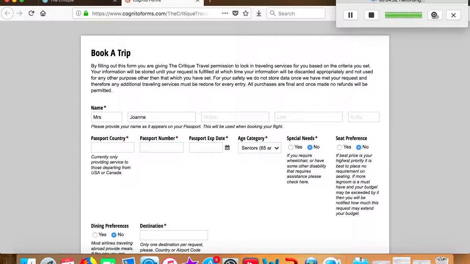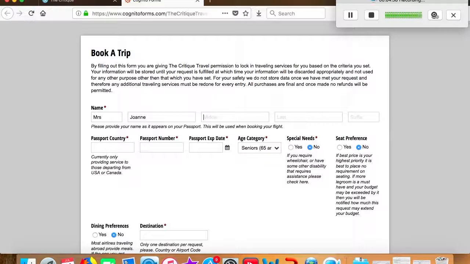The most important thing to remember about this is your name should be listed here as it is listed on your passport. So if you have a nickname, something you like to be called, this is not the place for you to put that. What you want to put here is your legal name as it appears on your passport, not on your driver's license.